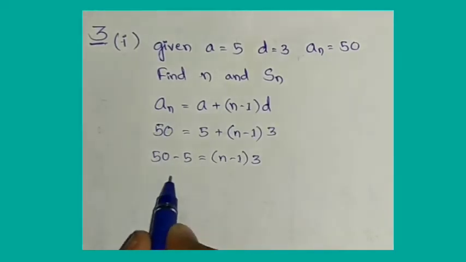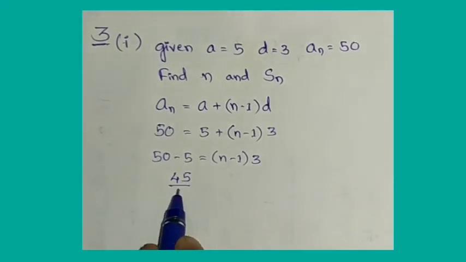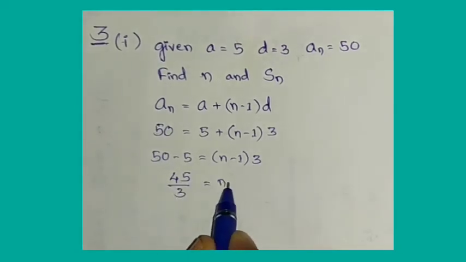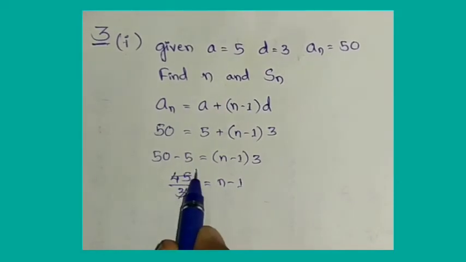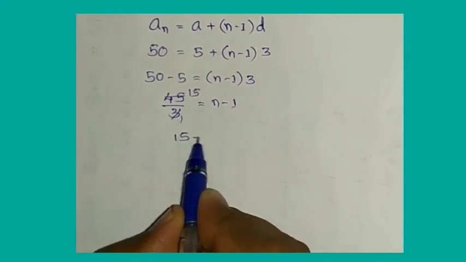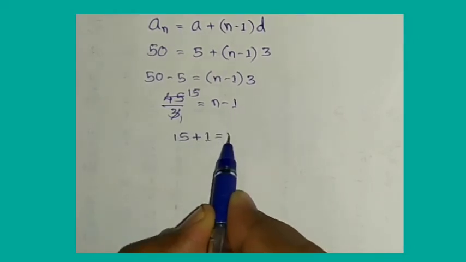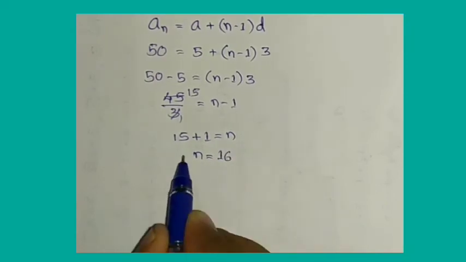So 50 minus 5, it will be 45. If I take 3 this side, it will be division. So n minus 1 will be 45 by 3, 3 15s are 45, so 15. If I take 1 this side, it becomes plus 1. So n equal to 15 plus 1, it will be 16.